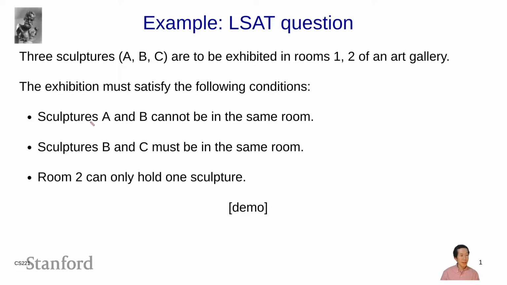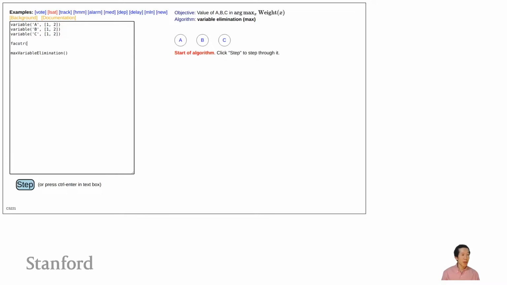The first condition says that sculptures A and B cannot be in the same room. So this naturally is a factor that touches variables A and B. I'm going to call that factor AB. Its scope is variables A and B. Remember, a factor is a function that takes an assignment to the variables in that scope, A and B in this case, and returns a non-negative number.